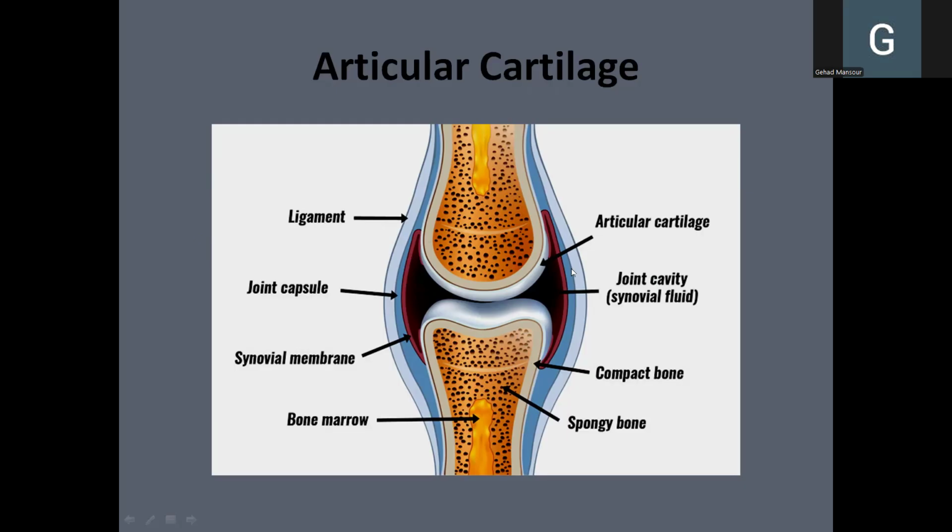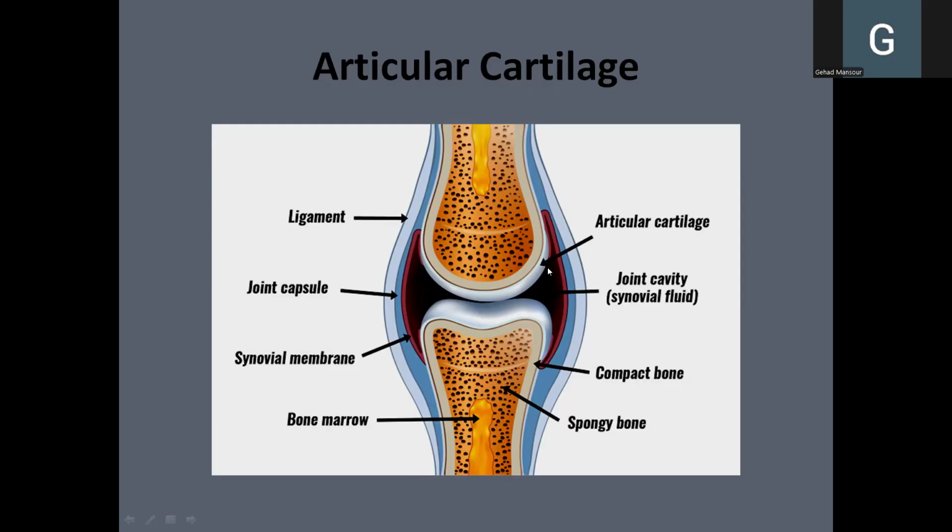And you can see here the connective tissue that surrounds and protects the joint. It is called the joint capsule. And lining the joint capsule from inside, you have a membrane that secretes fluid, and that membrane is called the synovial membrane, and it secretes fluid, which is called the synovial fluid.